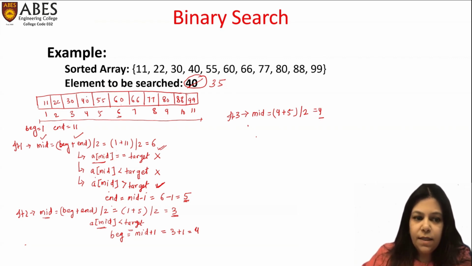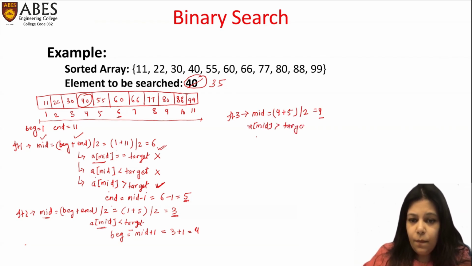Because the value at the fourth index is 40. Now again, as we can see, a[mid] is greater than the target value that we are looking for. So in this case, the end will be shifted to mid minus 1. And here, the end will become 4 minus 1, which is equal to 3.